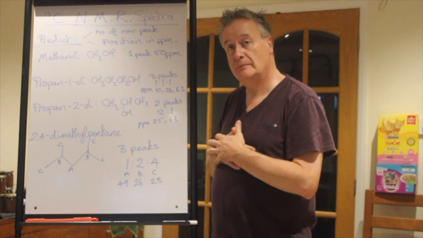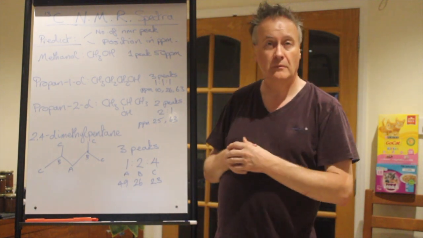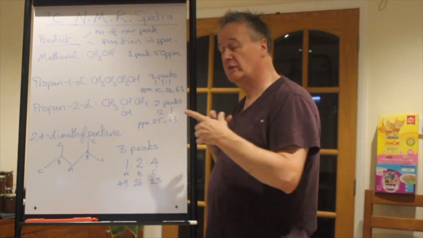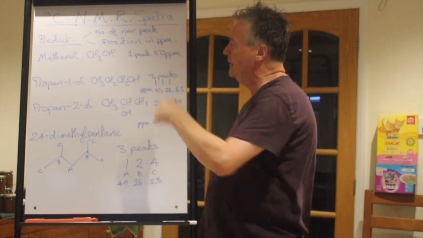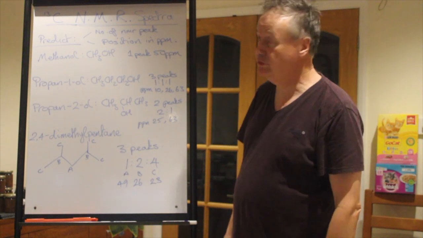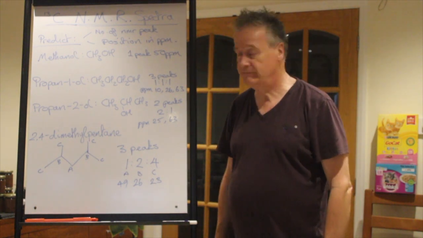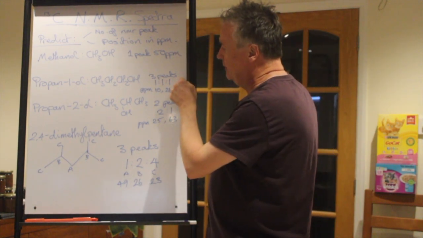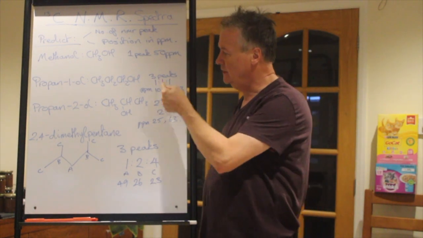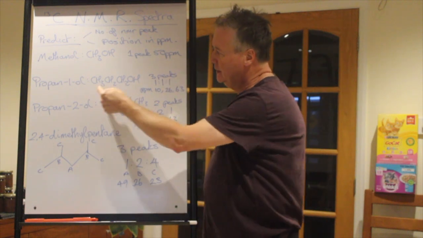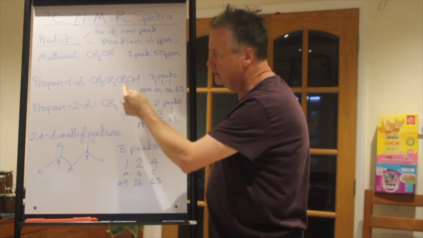So, methanol, single peak, only 1 carbon, because we are doing carbon-13 NMR, I keep saying it because I don't want you to get mixed up. And the actual spectrum has it pretty close to 50 ppm. Propan-1-ol, 3 peaks, all the same height, 1:1:1 ratio, because that's different to that to that.